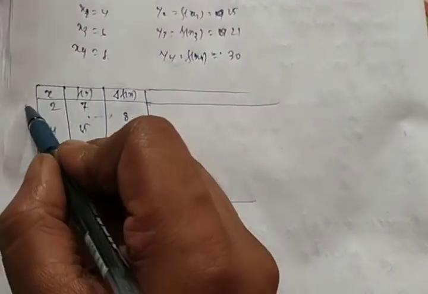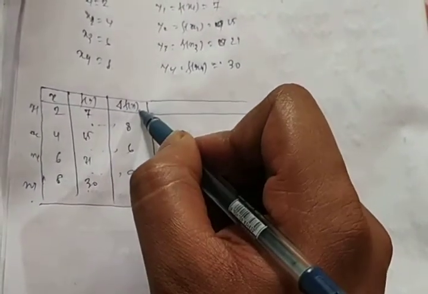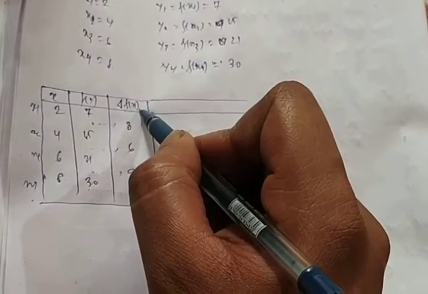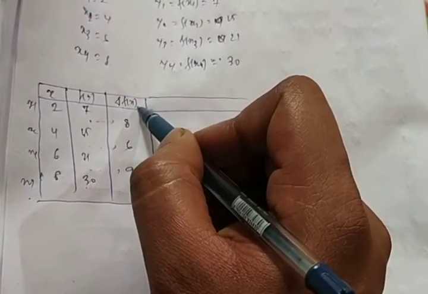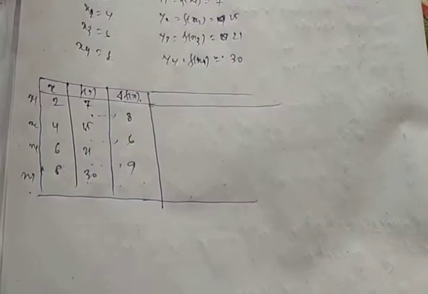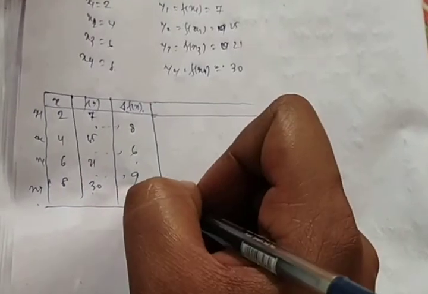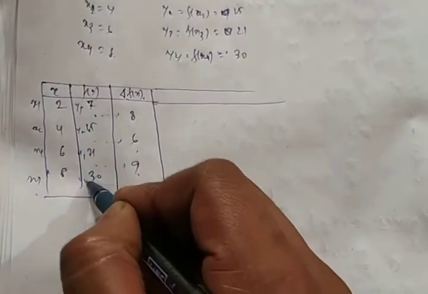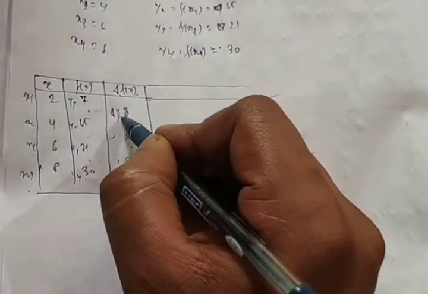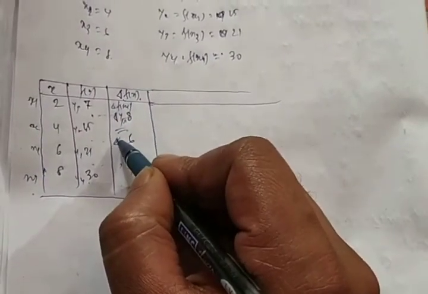If the points are x1, x2, x3, x4, then delta f of x1 is this value, delta f of x2 this value, delta f of x3 this value. If y1, y2, y3, y4 are the values, then delta y1 means delta of f of x1 equals 8, and this is delta of y2, this is delta of y3.